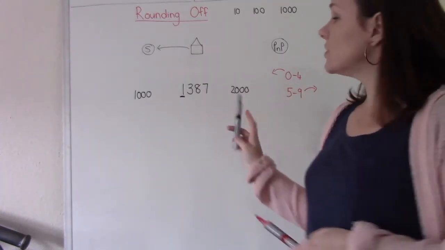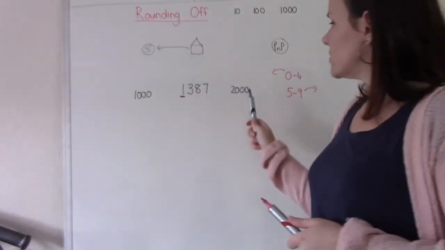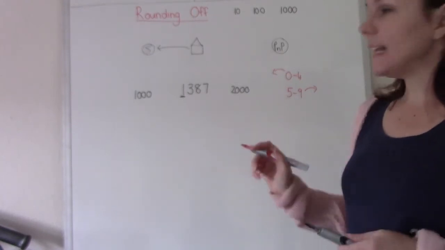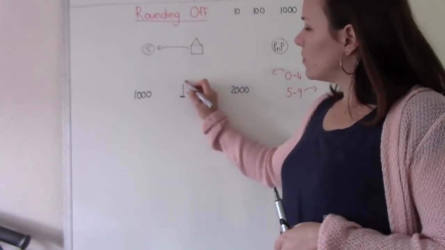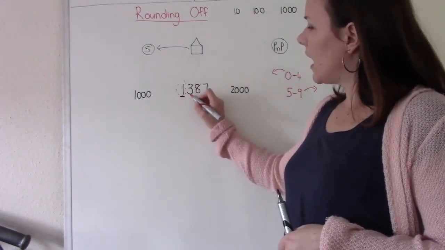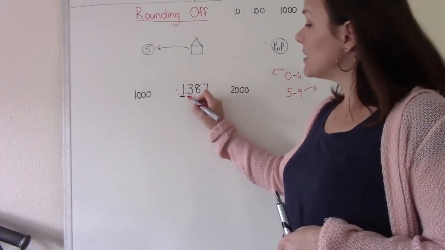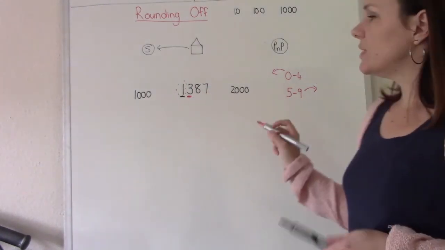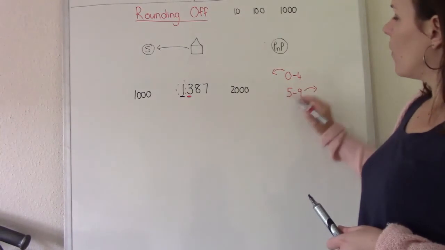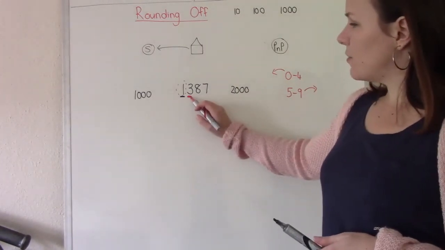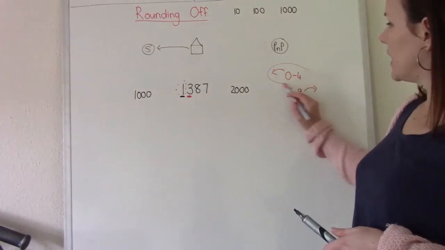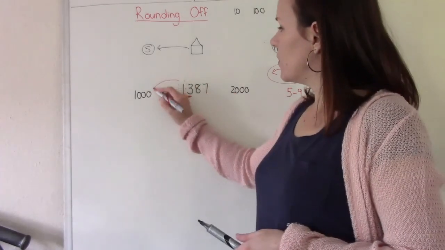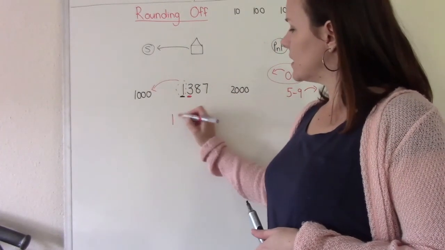But is it closer to 1,000 or closer to 2,000? Let's see. If I'm rounding off to the nearest thousands, I need to look at the one to the right, which is my hundreds, to determine if it goes down or up. It's a 3, which means it's going down. So it will go to 1000.